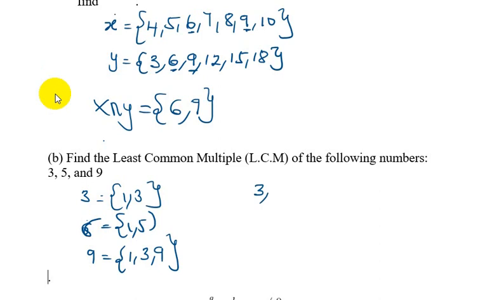For 5, the greatest number is 5, and for 9, the greatest number is, pick only 3 squared, because 1 is here, 1 is here, right? Then multiply it by 5, and that is going to give us 45. Okay, so 45 is the least common multiple.